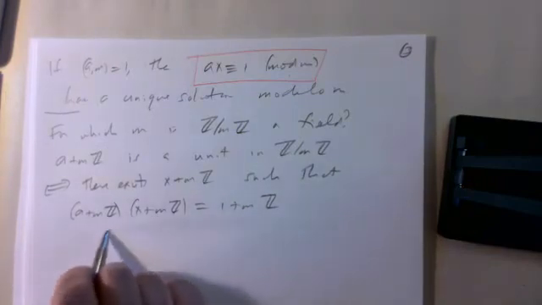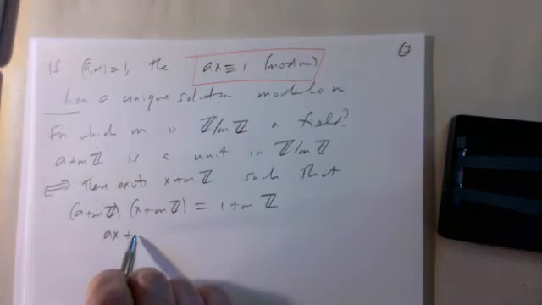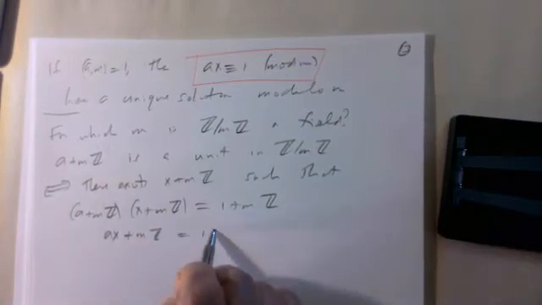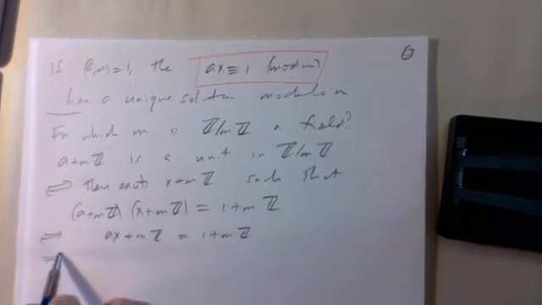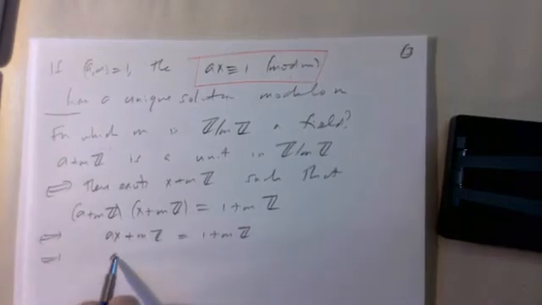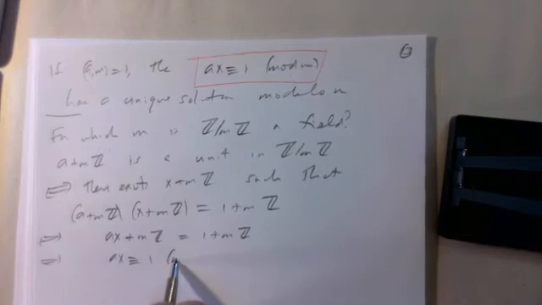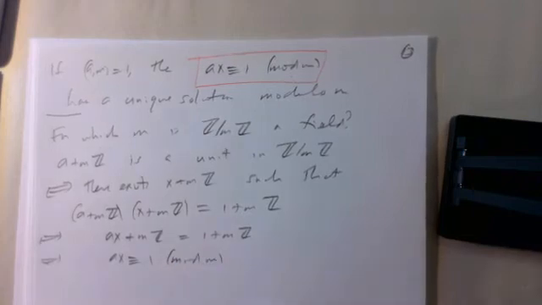But the product of these congruence classes is AX plus MZ equals 1 plus MZ, which is the same as saying AX is congruent to 1 mod M.